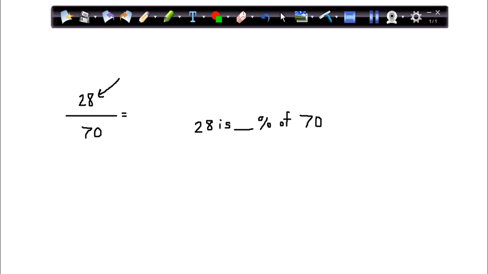Well, 7 goes into 28 4 times. And 7 going into 70, what? 10 times. That's what they did. So that's 40%, 4 over 10. That's how they got it, right? Well, you can use the formula. Is over of.